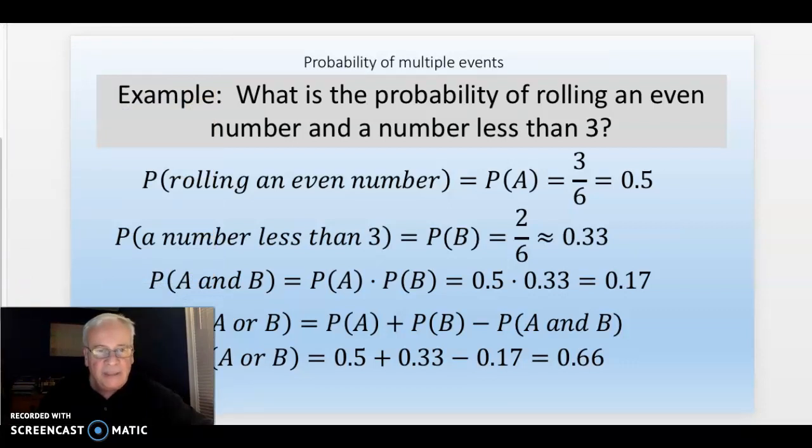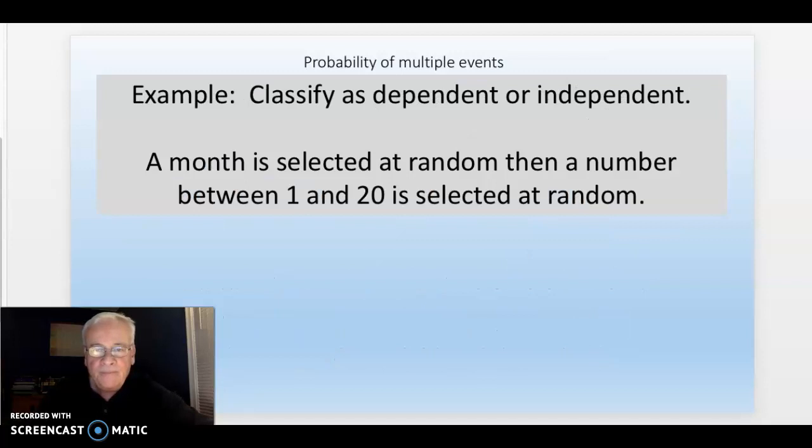Let's look at some more examples here. Guys, starting now, this will help you a lot with the exit ticket. We're going to classify this situation as dependent or independent. A month is selected at random, and then a number between 1 and 20 is selected at random.